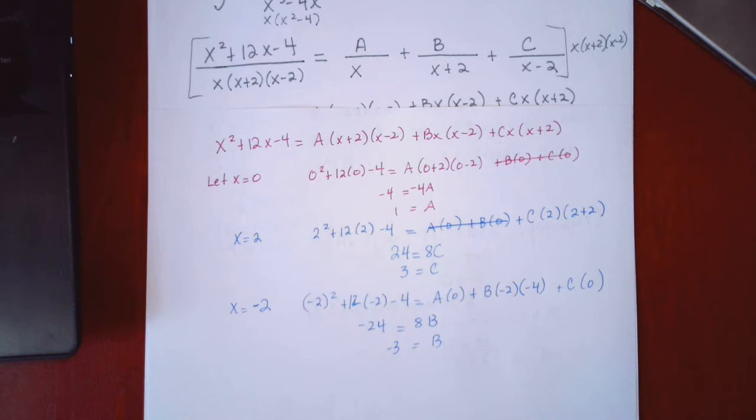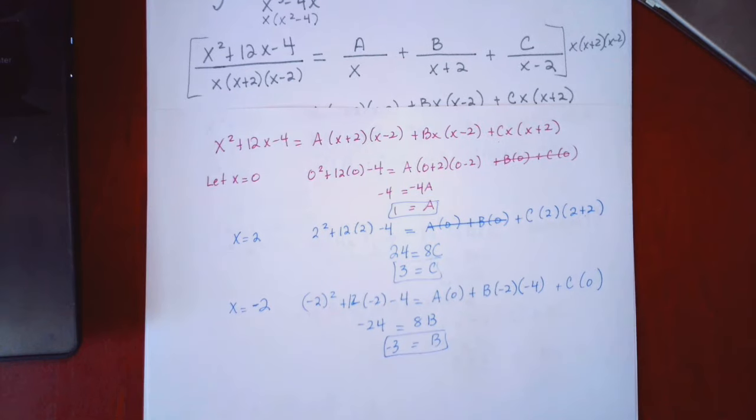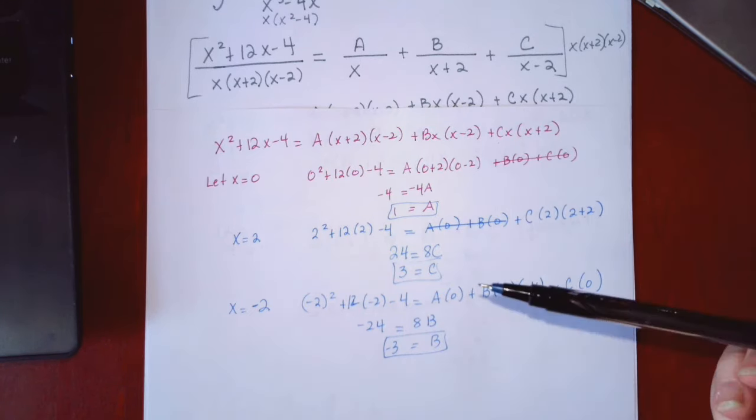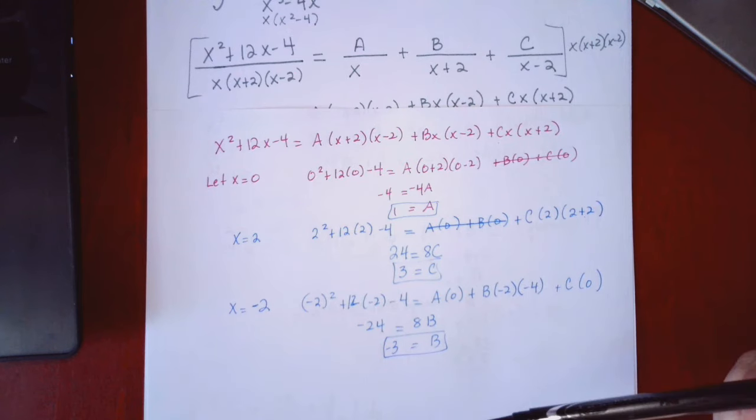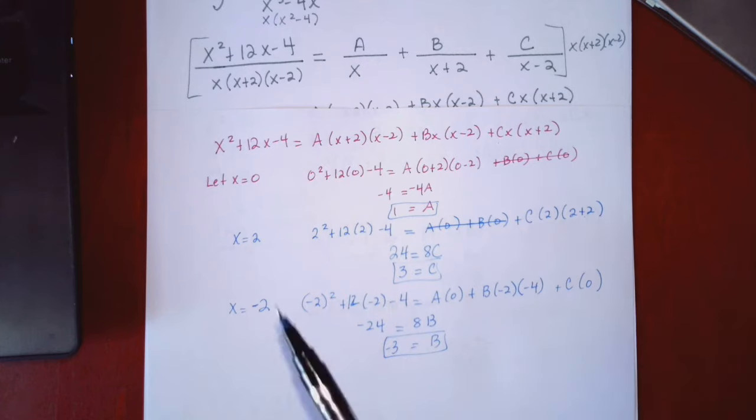Okay? And so we could find A, B, and C. I know it was still a little bit of work, but I think it was a lot less work than when we equated the coefficients. The problem is, equating the coefficients always works. This method only works this nicely when you have non-repeated linear factors.